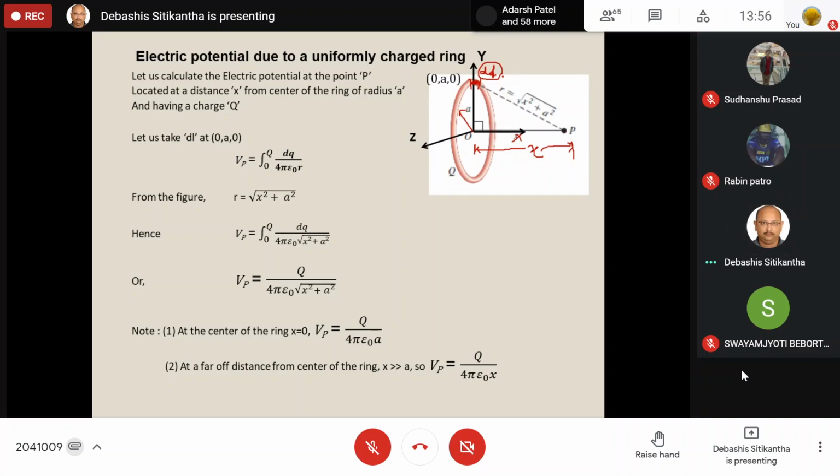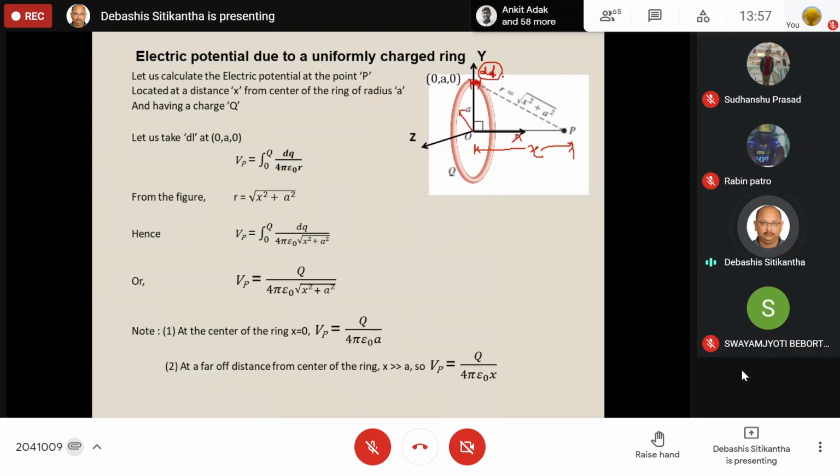So all of them can be considered simply as a point charge, because this dl is an infinitesimally small length, which is just like a dot, like a point. Similarly, a very small area is nothing but a dot or a point charge. Similarly, a very, very small volume is nothing but a point charge.